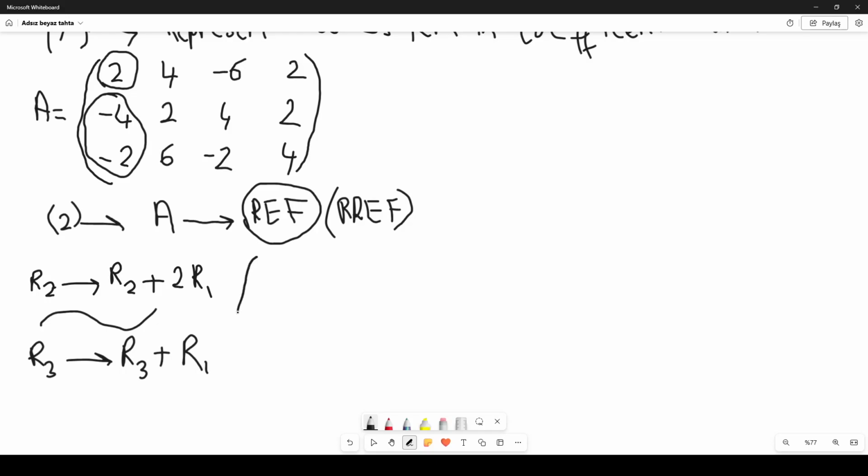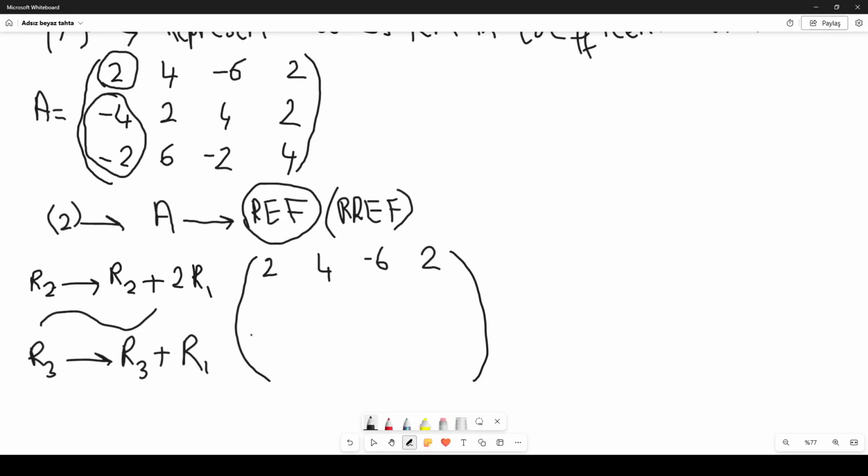So my new matrix becomes, let's see what it becomes. The first row remains unchanged, so I just write its values as they are, but the second row and the third row have their values changed with respect to the elementary row operations we have just performed.